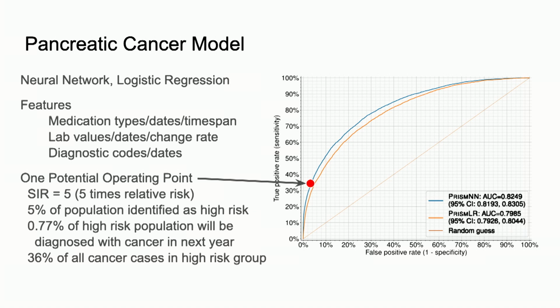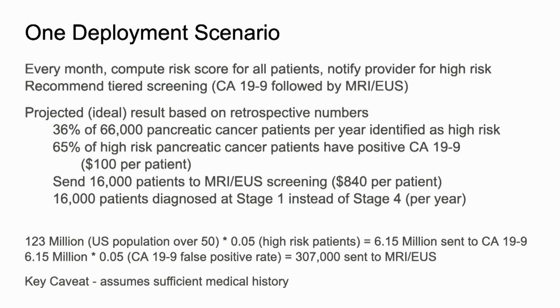Here's one potential operating point, where we identify 5% of the population as high risk. Of those 5% identified as high risk, a little bit less than 1% will be diagnosed with cancer in the next year, based on our retrospective analysis of the data we've been working with. And we ideally hope to get 30% of all pancreatic cancer patients in this high-risk group, so we get them early.